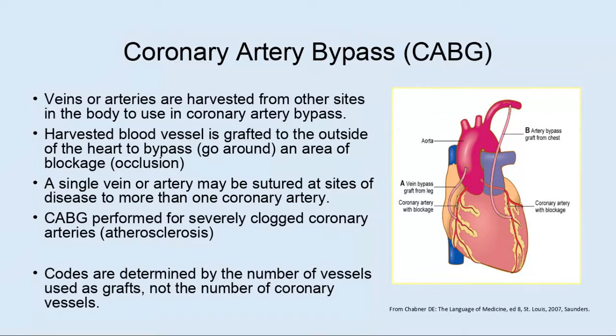A single vein or artery may be sutured at sites of disease to more than one coronary artery. The important part to remember is the codes are determined by the number of vessels used as grafts, the arteries and veins from elsewhere, not the number of coronary artery vessels.